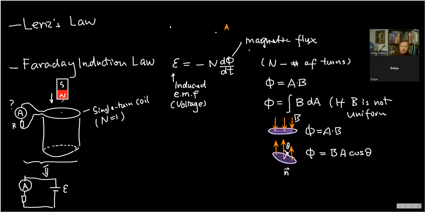Now, do you remember the magnetic field distribution in this case? How to describe the magnetic field in the case of a permanent magnet? In the middle, from north to south, and then back to south.